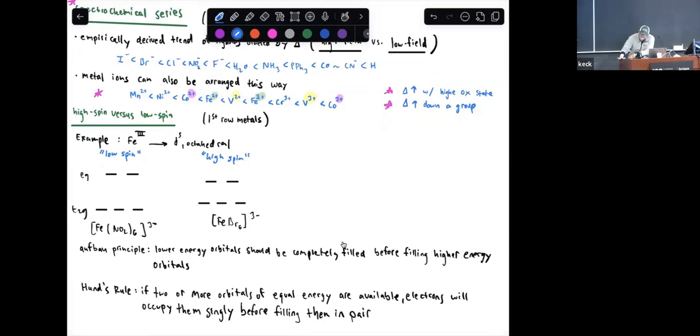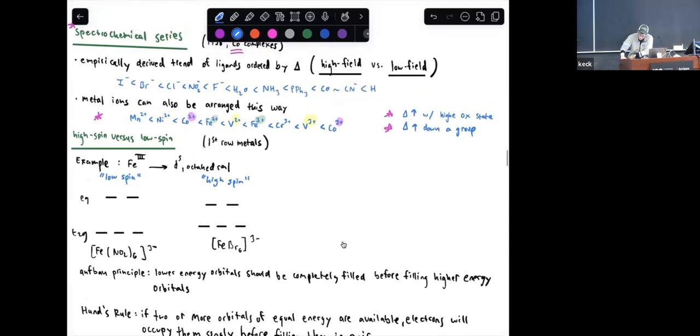And we can consider two cases: the iron hexanitrite complex 3- and the iron hexabromide complex, also 3-. We can go to the spectrochemical series that we just introduced and see, okay, bromide is certainly on the left side. Nitrite is somewhere kind of in the middle, but I've given you this clue that one is low spin and one is high spin.